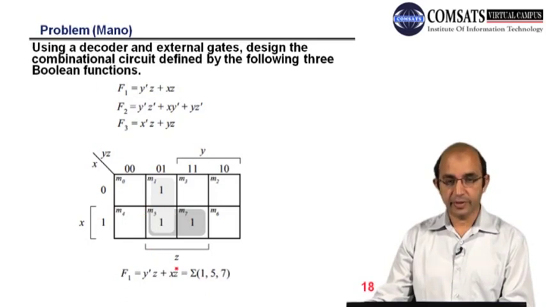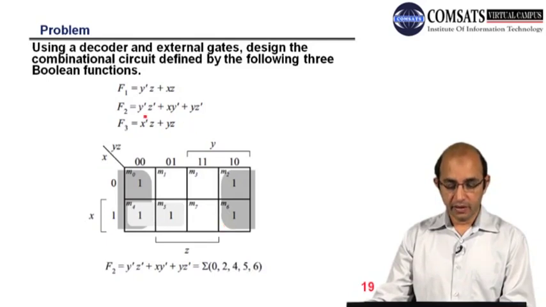So if I have to represent this in terms of min terms, you can see we have 1, then we have 5 and 7.